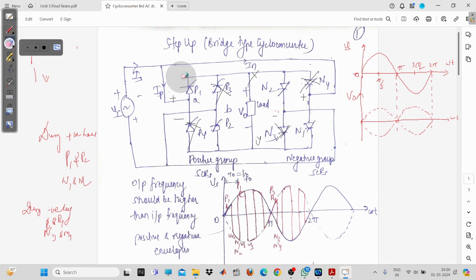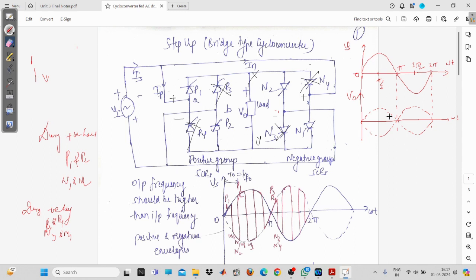The current has entered this node, then it is flowing downward. And now you can see that the positive will be applied to the Y point. So when you are giving a pulse to the negative group of SCR, it means that you will have to follow the negative envelope.